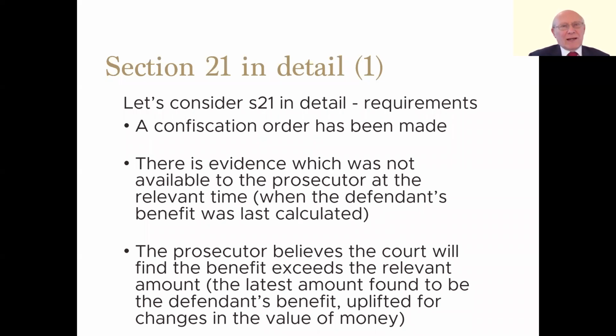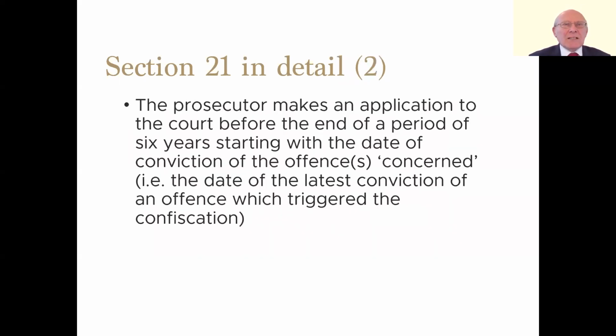The prosecutor believes that the court will find his benefit exceeds the relevant amount, and the relevant amount here is the latest amount found to be the defendant's benefit, but uplifted for changes in the value of money. So the prosecutor makes an application to the court and there's a time limit.